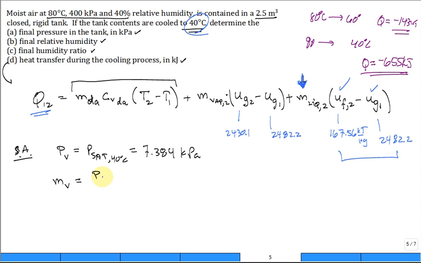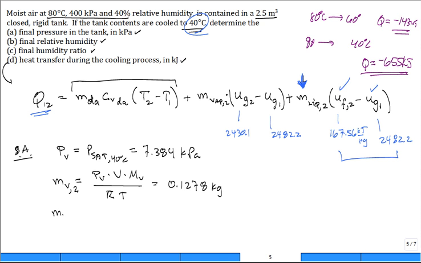Is that the vapor pressure, total volume, molar mass of the vapor divided by R bar T? And you find it 0.1278 kilograms. So this is at the ending, at the 40 degrees C.